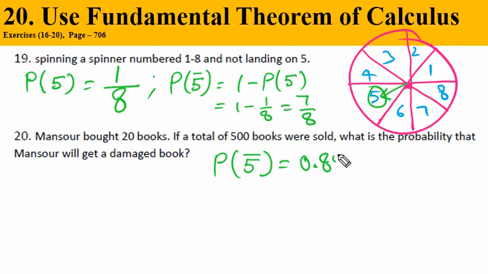Let me write the complete one because I don't know what it will ask in the exam. So 0.875 multiplied by 100, you will get 87.5 percent. So probability of not landing on 5 is 87.5%, and 0.875. If it asks you to the nearest hundredth, then you can round it, because the 5 will change the 7 to 8, okay?